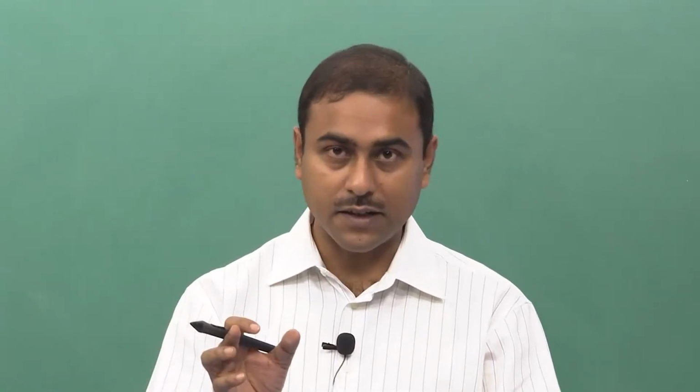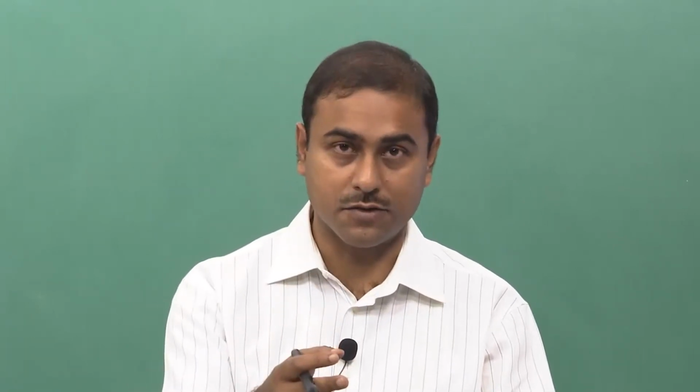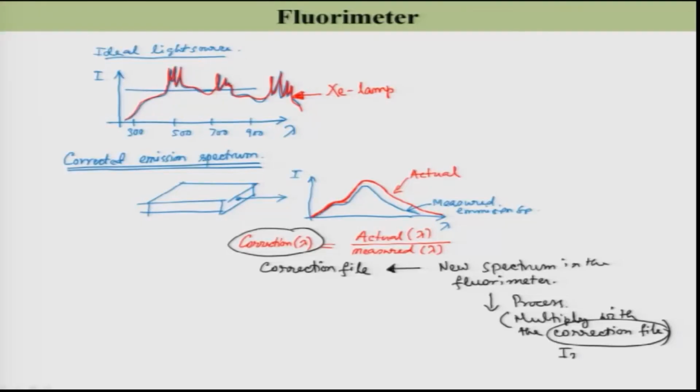So, the correction file for my instrument will be different than your instrument, right. So, this correction file is instrument dependent, right. So, once you multiply with this correction file, then what you are going to get is the corrected emission spectra, right.